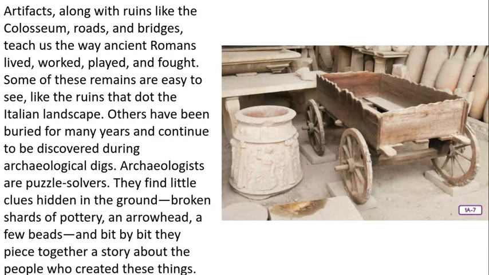Some of these remains are easy to see, like the ruins that dot the Italian landscape. Others have been buried for many years and continue to be discovered during archaeological digs. Archaeologists are puzzle solvers. They find little clues hidden in the ground, broken shards of pottery, an arrowhead, a few beads, and bit by bit they piece together a story about the people who created these things.